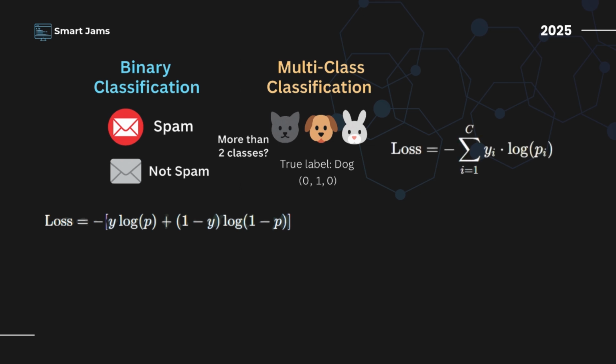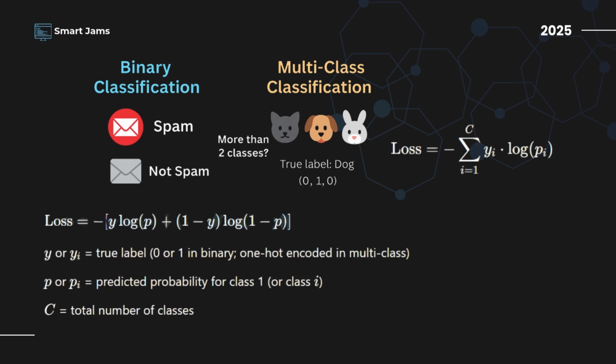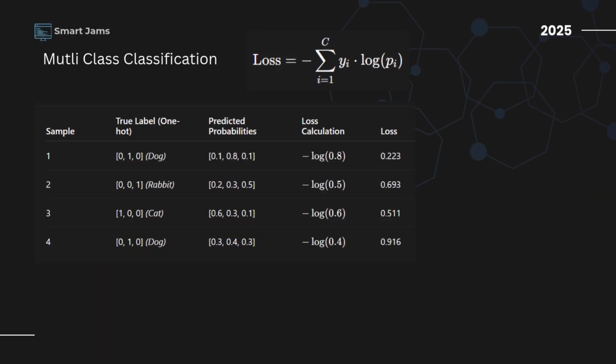Here we use categorical cross entropy, which sums the negative log probability of the true class. This is written as loss equals negative summation of y sub i times log of p sub i across all classes. In essence, both binary and multi-class cross entropy do the same thing. They punish confident wrong predictions, but the math scales as the problem becomes more complex.